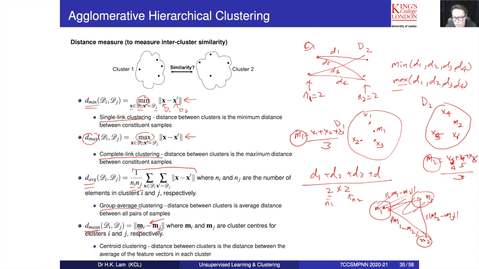We do not need 3 clusters here, we just find the distance between these 2 clusters, M1 minus M2. That is the distance, D-mean.